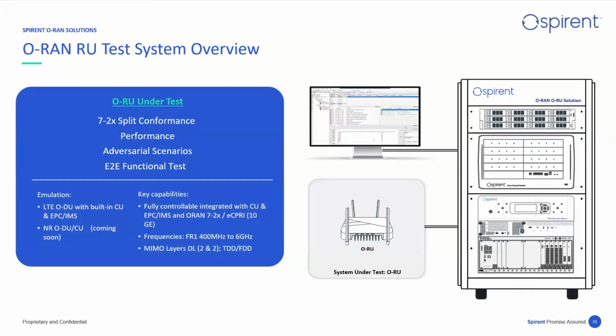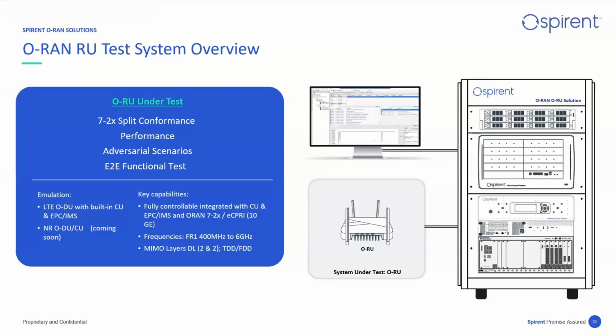Basically, we will be able to provide you 7.2 split for testing conformance, performance, functional testing. And as of today, we support LTE ODU as well as NR ODU, and it's compliant with the eCPRI 7.2x interface, supporting 10 gig as of today, and in future it would be supporting a 25 gig interface.